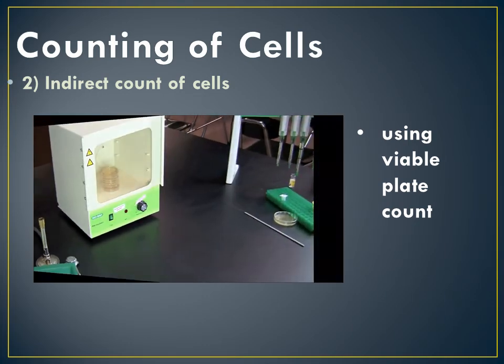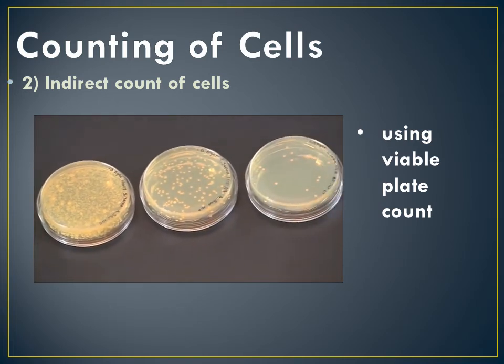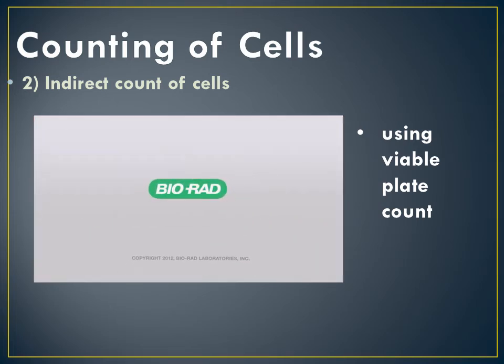The plates are then incubated under conditions that permit microbial reproduction so that colonies develop that can be seen without the aid of a microscope. It is assumed that each bacterial colony arises from an individual cell that has undergone a cell division. Therefore, by counting the number of colonies and accounting for the dilution factor, the number of bacteria in the original sample can be determined.